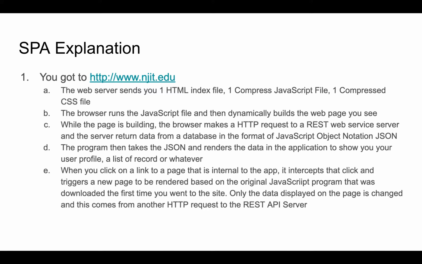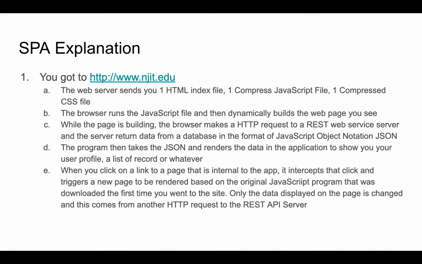Once that happens, the browser runs the JavaScript file and then dynamically builds the web page you see. While the page is building, the browser makes an HTTP request to a REST web server or API server, and that server returns the data from a database in the format of JavaScript Object Notation, JSON.